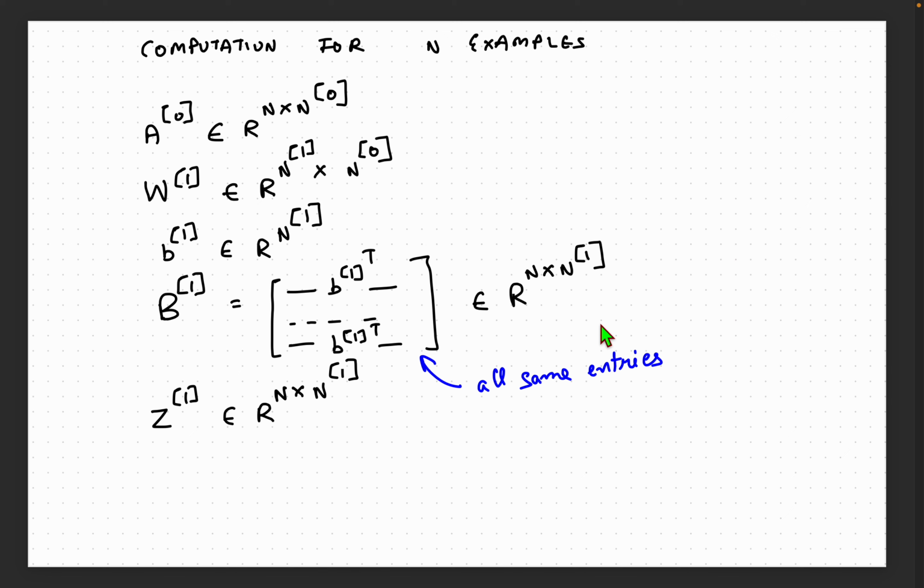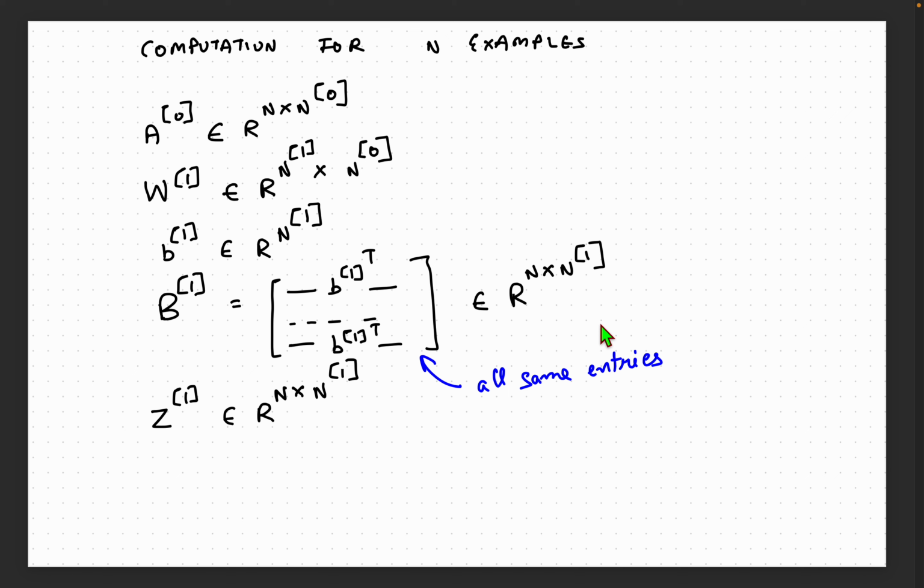Because in mathematics, if you have to add matrices or vectors, they should have the same shape. But in computers, in libraries like NumPy or Torch, there is something known as broadcasting, which allows you to multiply or sum vectors or matrices which are not of the same shape, with some rules.